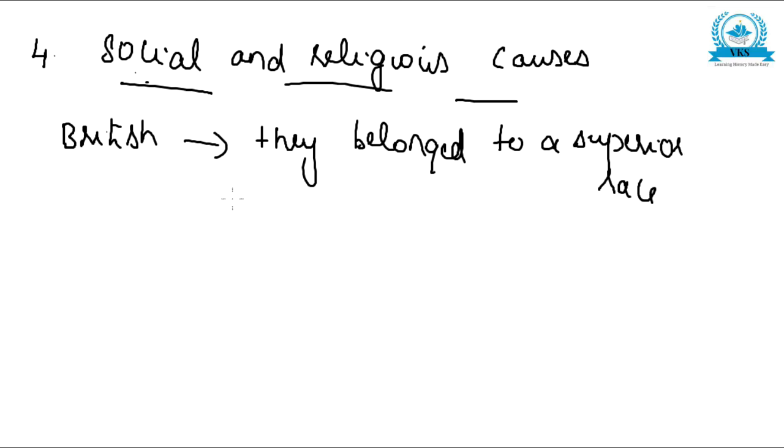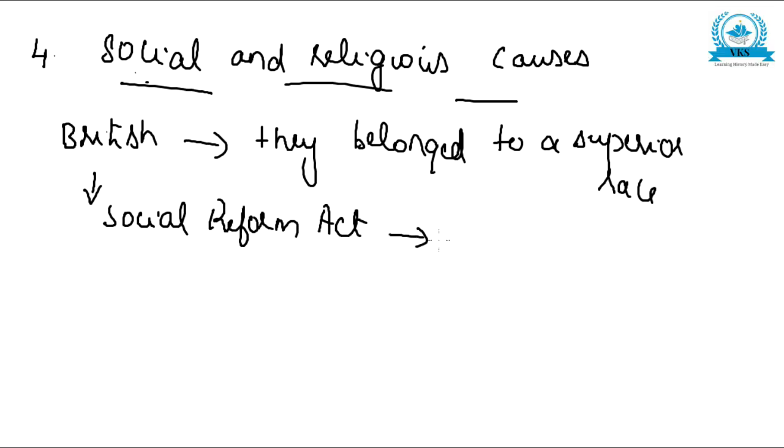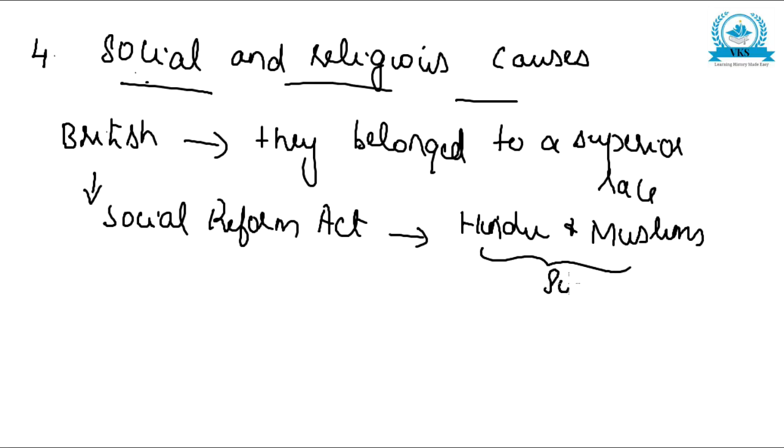And they passed the Social Reform Act, which developed suspicion in the minds of Hindus and Muslims. The Social Reform Act, which was introduced by the British, created suspicion in the minds of Hindus and Muslims.